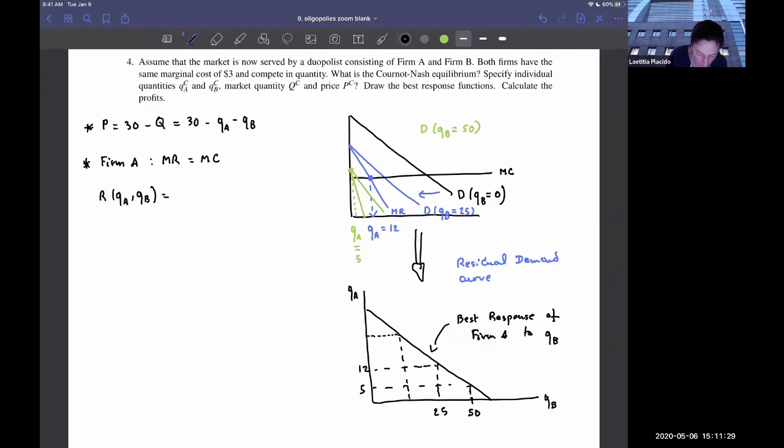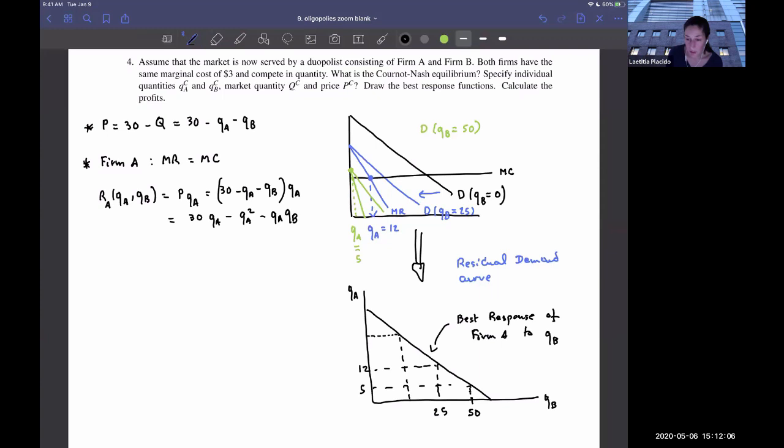Okay, and this is going to be P times QA. So that's total revenue for firm A, which is (30 minus QA minus QB) times QA. Okay, so I'm going to develop this. So 30QA minus QA squared minus QAQB.